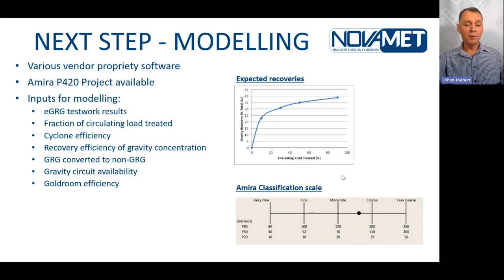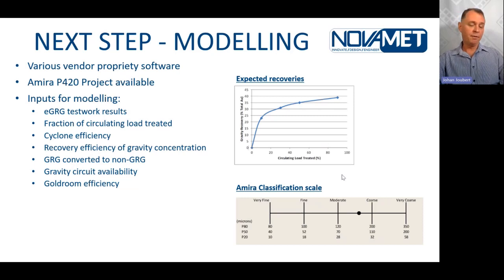The second output that you'll get from it is what they call the Mira classification scale. And this immediately gives you a good representation of where your ore body is sitting with regard to other operations and the results from the EGRG test. And you really want to be on the right-hand side of moderate. These are much easier plants to install with very good payback periods.